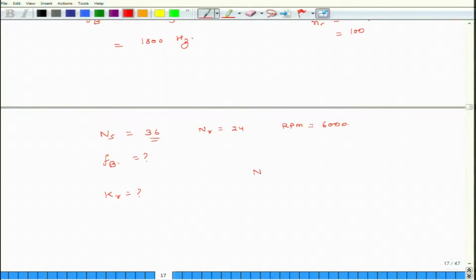Once again we factorize Ns in all possible ways: 1 times 36, 2 times 18, 3 times 12, 4 times 9, 6 times 6, and then if I go further it just repeats. And for Nr, what are the factors? 1 times 24, 2 times 12, 3 times 8, 4 times 6, and everything else gets repeated. Okay.